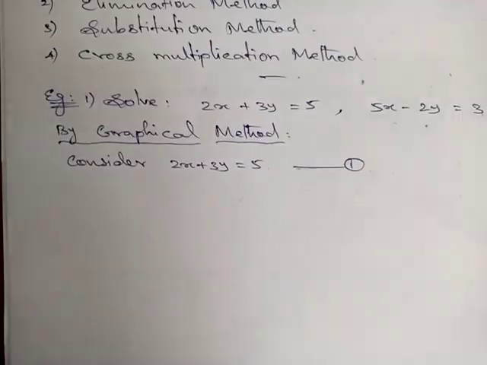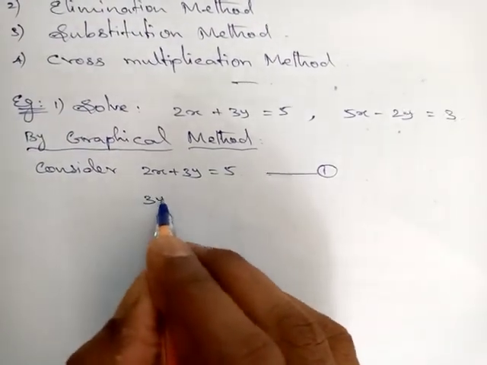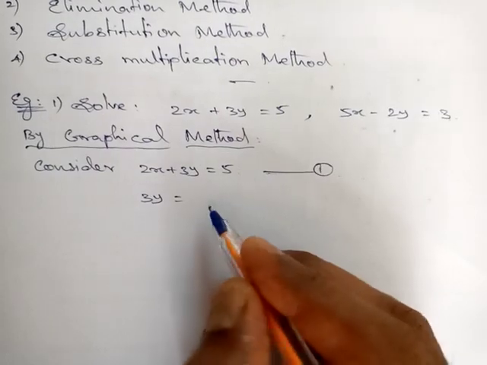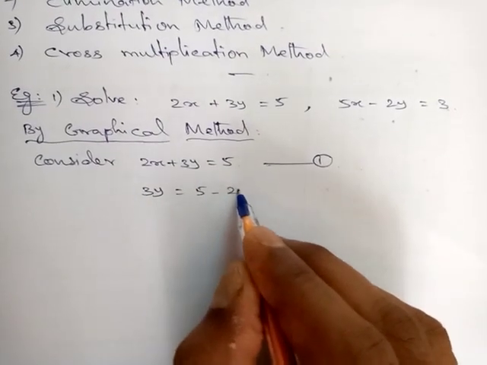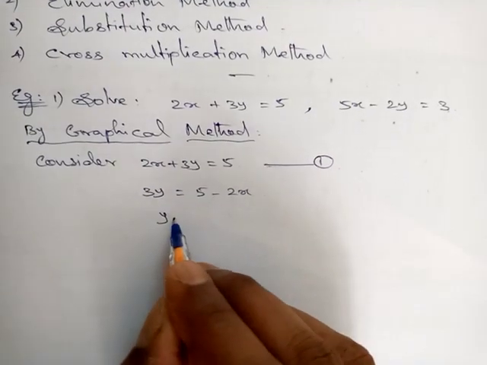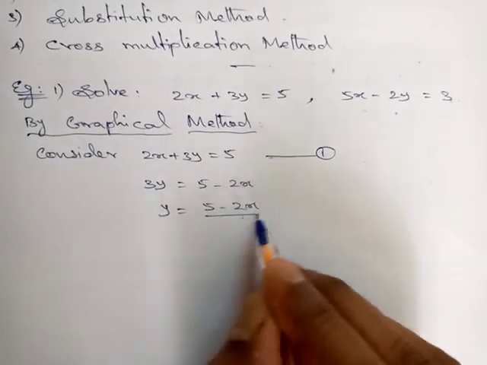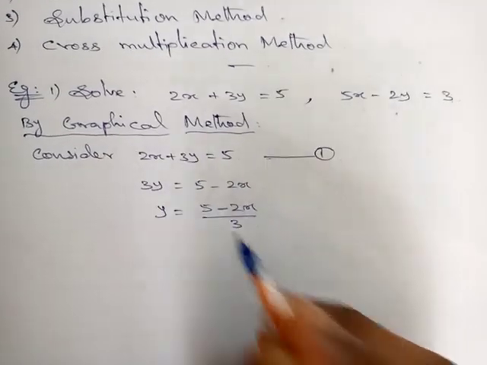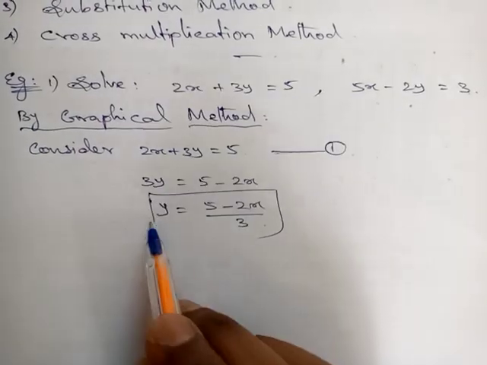So 3y is equal to, bring 2x to that side, 5 minus 2x. After that y is equal to 5 minus 2x divided by 3. This is the y value.